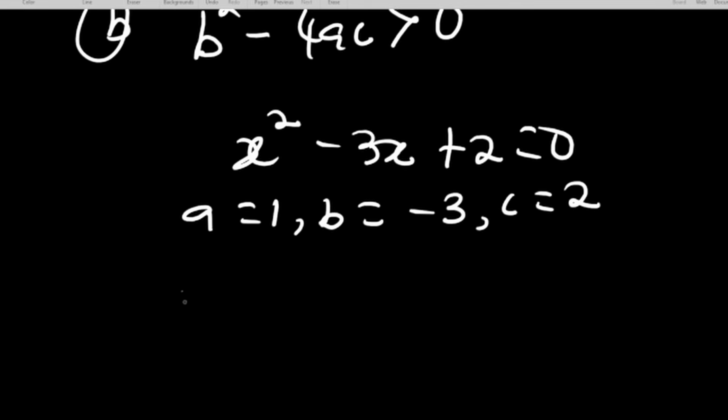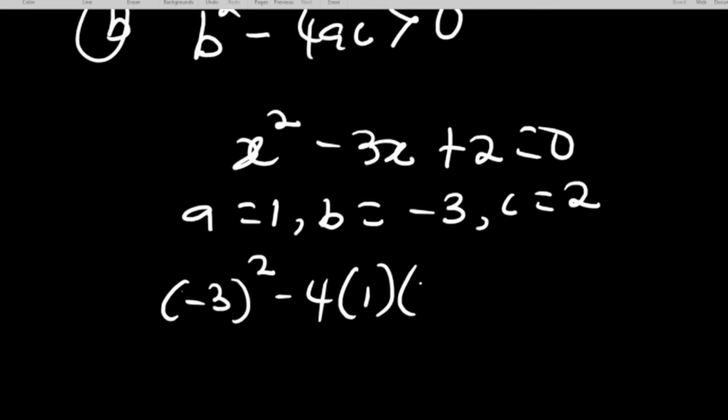Our b is negative 3, so this becomes negative 3 all squared minus 4, then our a is 1, our c again is 2. Negative 3 squared gives us a positive 9. Minus 4 times 1 is a minus 4, and minus 4 times 2 is minus 8. So this is equal to 1.